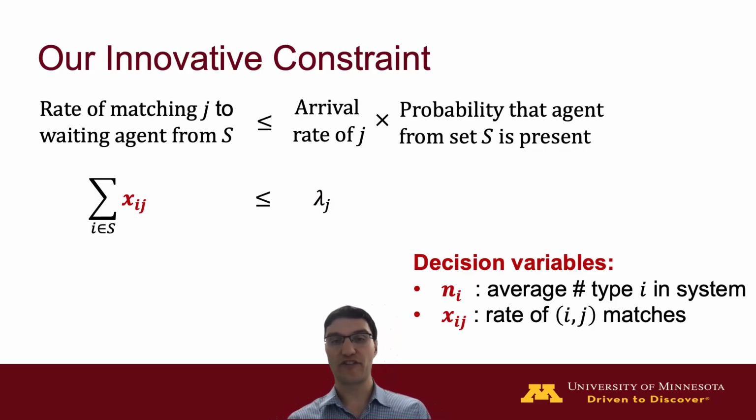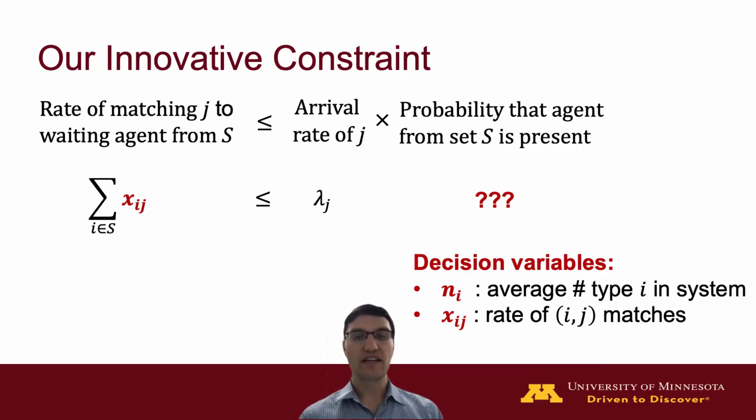Where there's a little bit more difficulty is what do we do about this final quantity, the probability that there exists an agent of some type I in S? We can't easily express that probability as a function of these decision variables. What we can do, though, is note that there's a relationship between that probability and these decision variables.